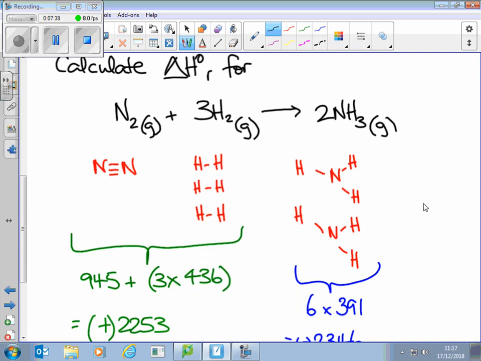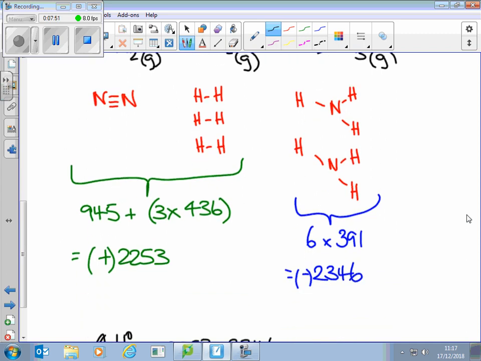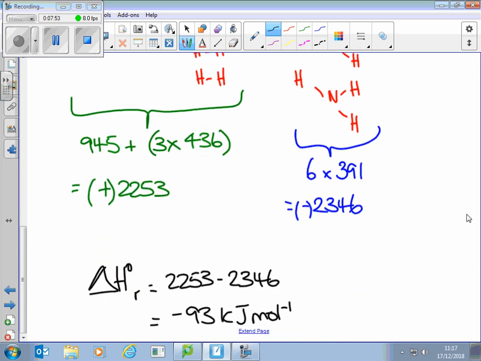And it was a matter of putting energy in on the left-hand side to break the bonds, and then energy coming out on the right-hand side when the new bonds were formed. Now, you can confuse yourself by putting symbols in here, but you've got to bear in mind what they are representing.